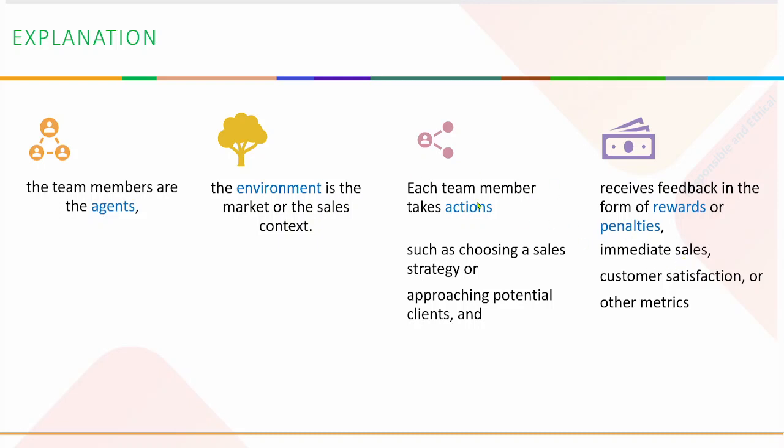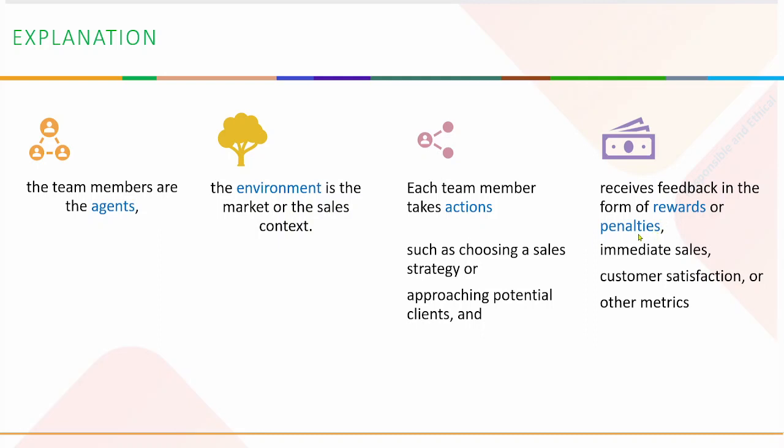Now, after taking the action, this team member or salesperson is going to accrue the reward. Sometimes it could be a positive reward. That means the customer is appreciating the proposals that this team member has made, or the customer rejected it. So, in both cases, you would have a positive reward or negative reward.